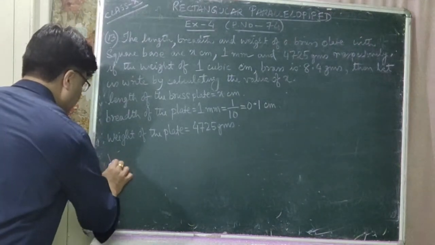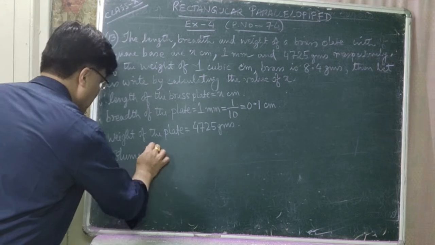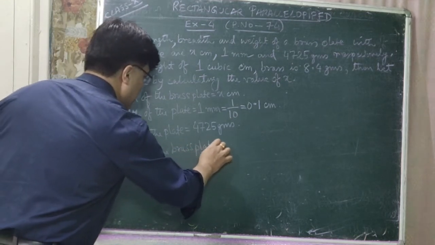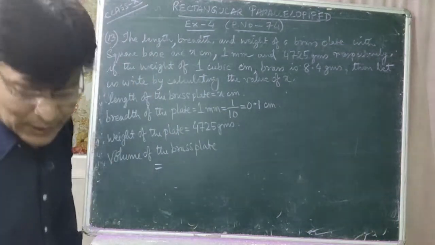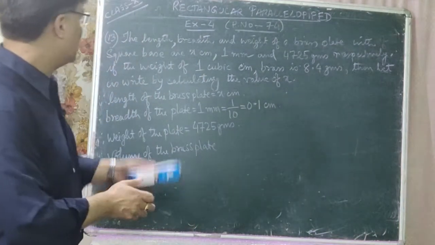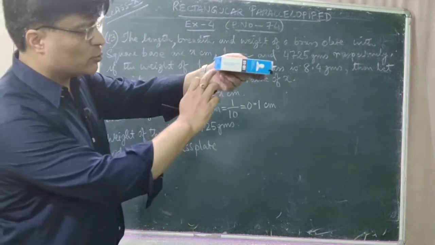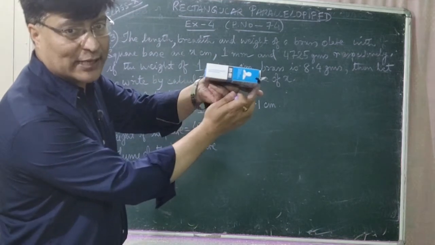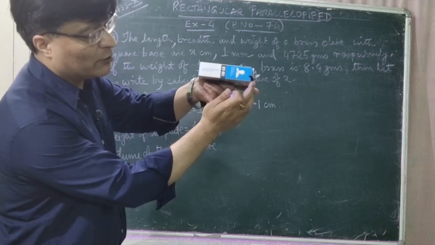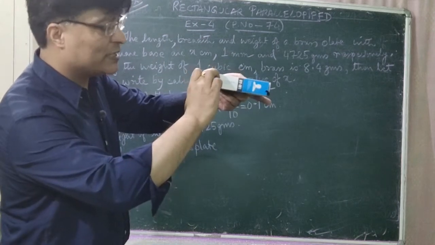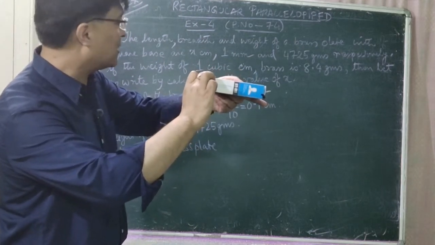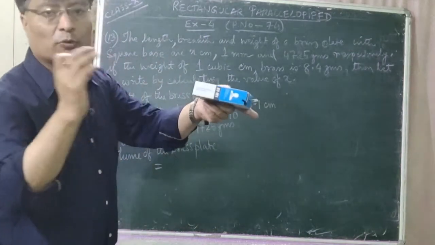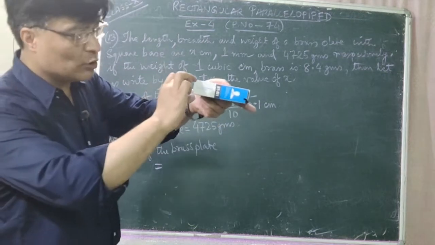So therefore, volume of the brass plate is equal to, how can you find it? अघि नै मैले भने, यहाँ स्क्वायर बेस, ब्रास प्लेट इज अ स्क्वायर बेस भनेको यो बेस इज अ स्क्वायर हुज अल साइड्स आर इक्वल, भनेपछि यो लेन्थ भयो भने यो पनि लेन्थै हुन्छ. अनि यो ब्रेथ चाहिँ 1 millimeter that is 0.1 centimeter, we have converted that millimeter into centimeter. तो यो चाहिँ ब्रेथ भइगयो.